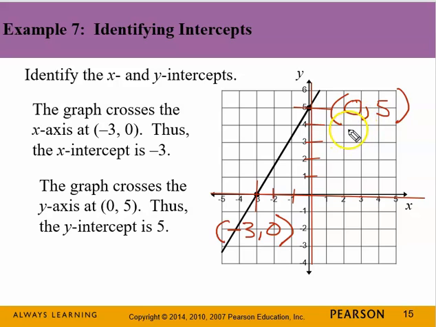When your x value is 0 and you have a y value, and we'll call that y value by the letter b, so your x value is 0 and it has a y value of b, this is called the y-intercept. The formal way of writing it, the standard form, is 0, b.